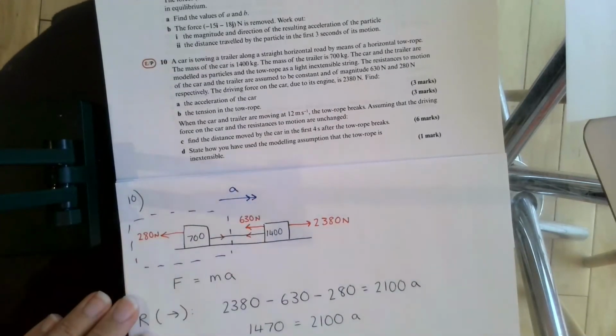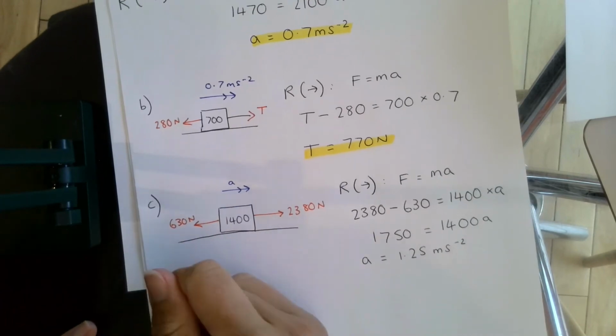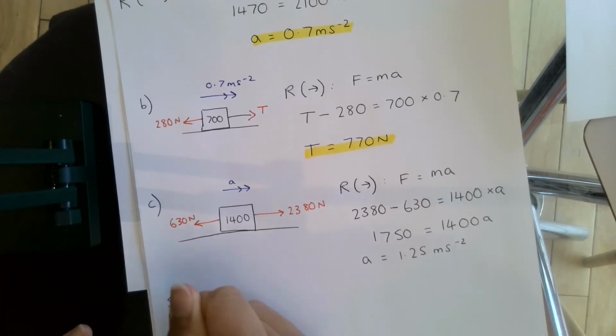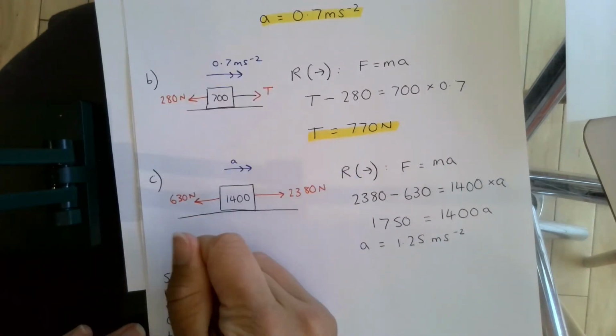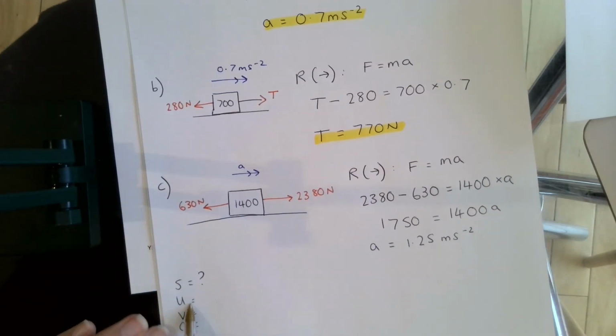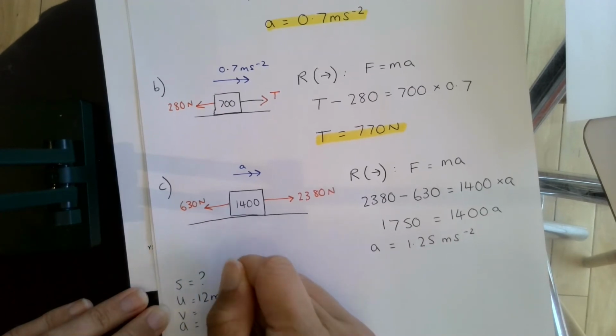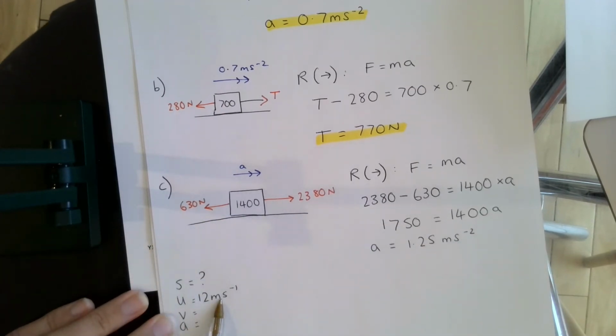Now I'm not finished there because the question is the distance moved by the car. So let's use SUVAT and write what we know. The distance is what I'm trying to find. The initial velocity is equal to 12 meters per second. It tells me in the question that they were moving at 12 meters per second. The final velocity, I don't know.